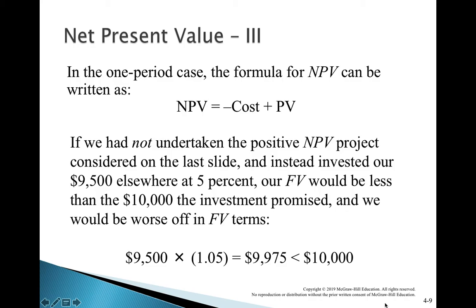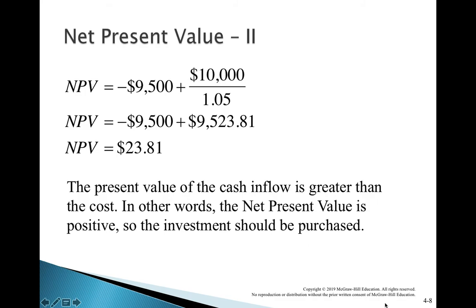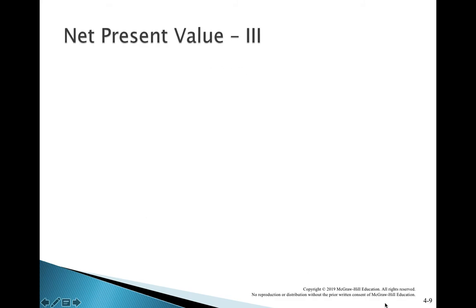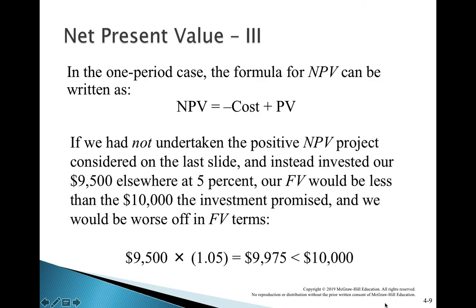If we had not undertaken the project, what will happen? For example, this positive NPV came, but you did not accept the project. What is the net impact you will have? This 9,500 you will invest somewhere else. Rate of return is 5% currently going on.